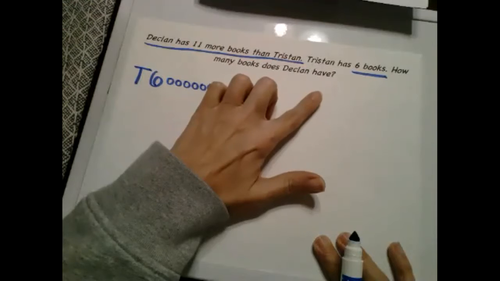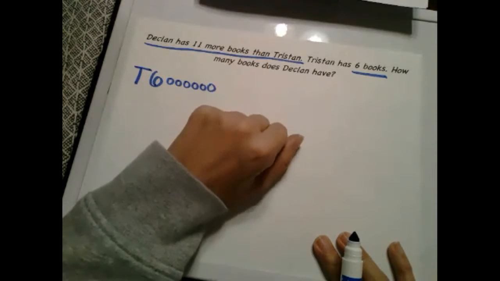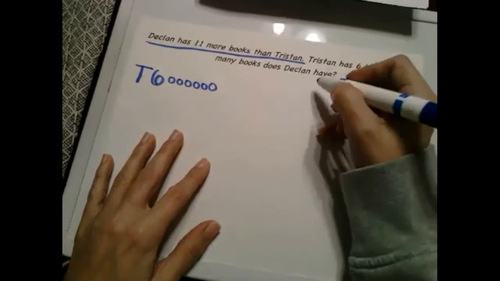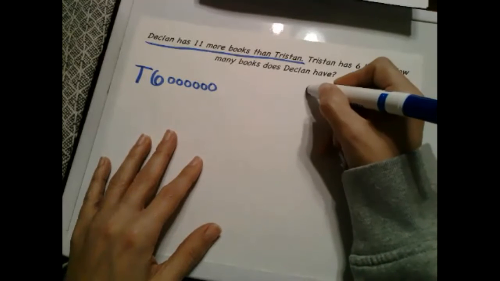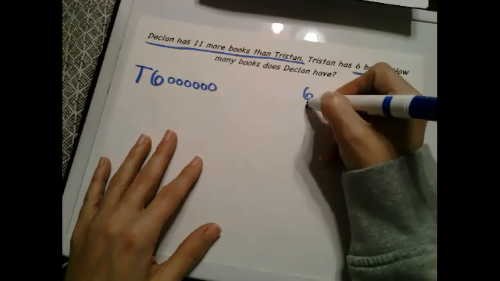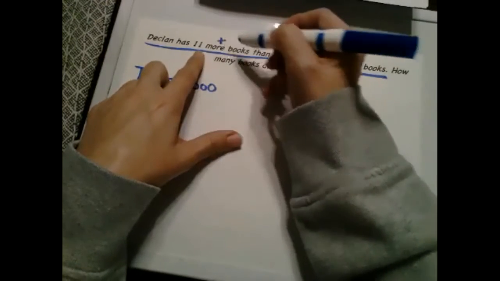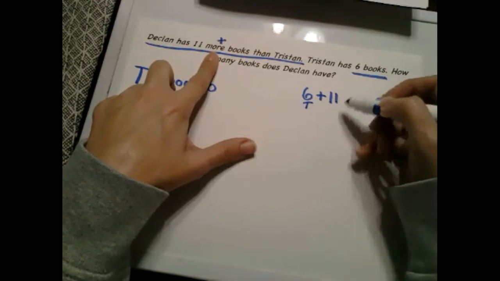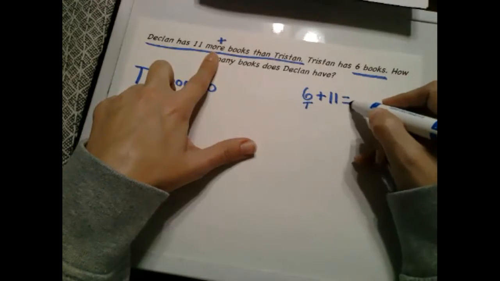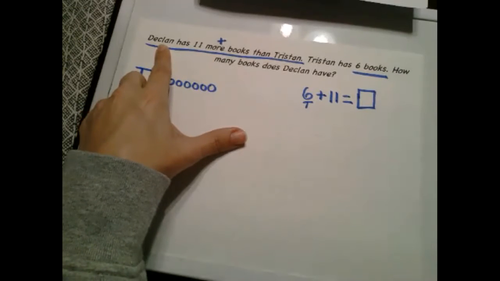So what would I need to do next? That's right. I know that Declan has 11 more than Tristan. So here's Tristan, and Declan has 11 more. So I'm going to add 11 more to figure out how many Declan has.